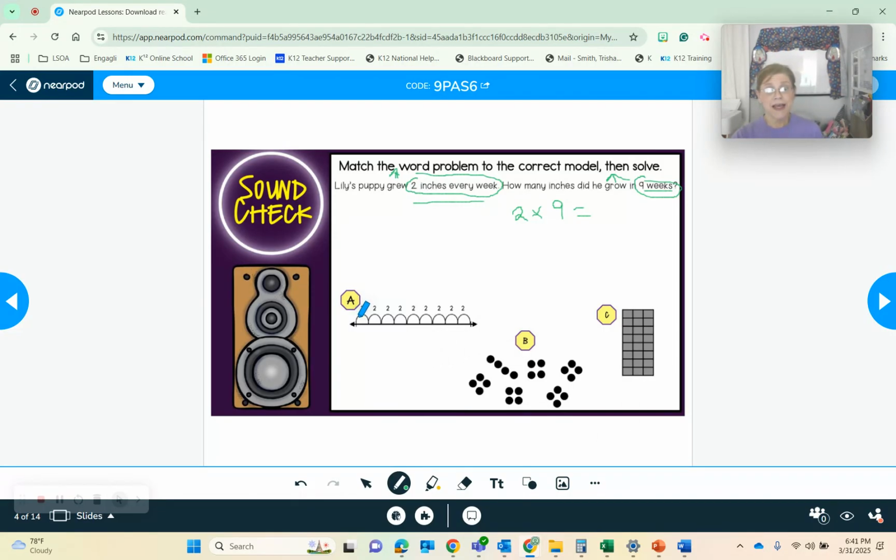Let's look at A. A, we have a number line, and that number line is broken up into groups of 2. We see one hop, one group of 2, one group of 2, one group of 2, and so on. Now, we need to make sure that this number line is broken up into groups of 2.